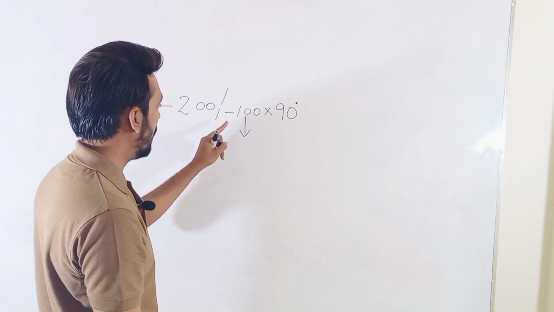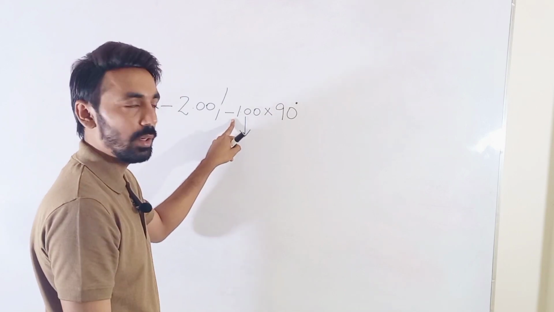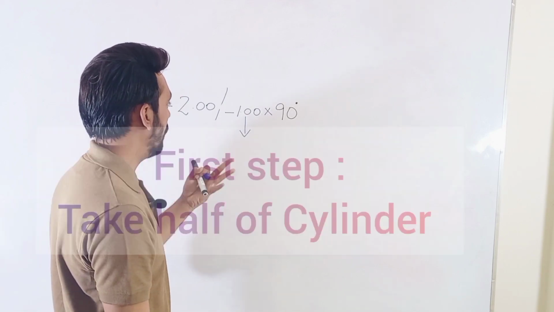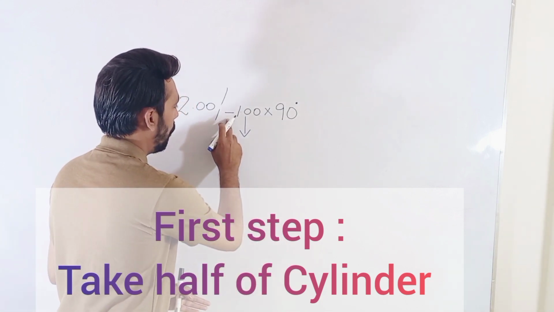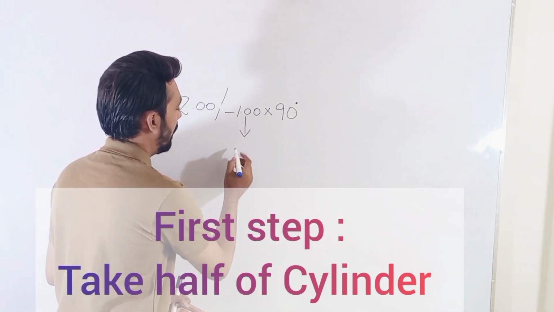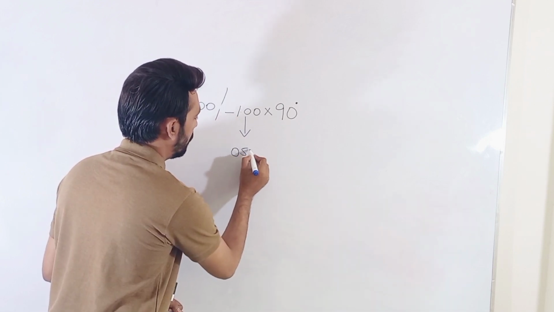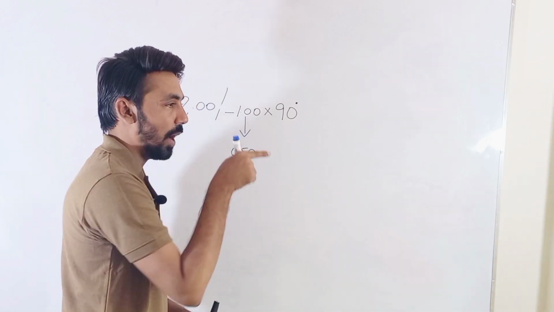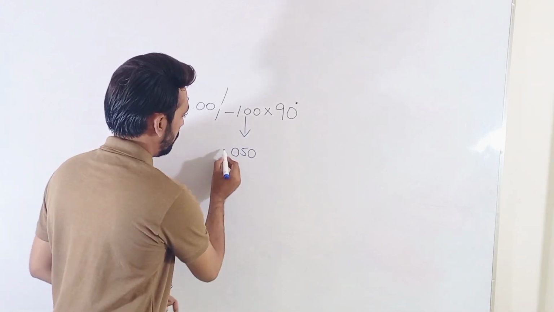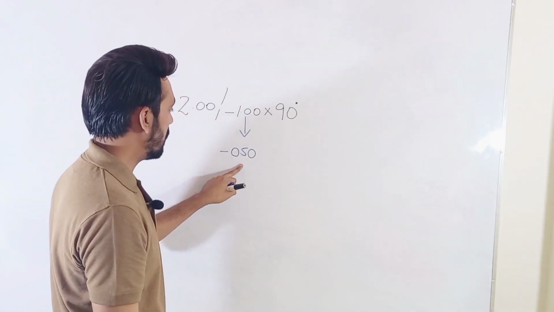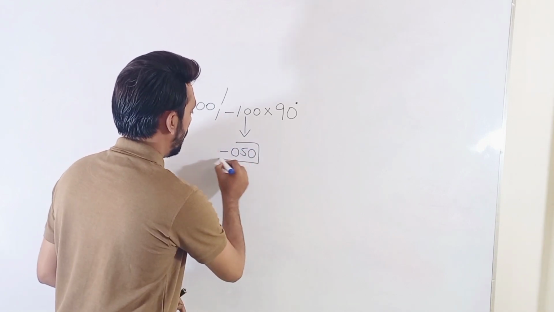Our cylinder is -1.00, and we will take half of the cylinder. Half of this -1 cylinder is 0.5 with the same sign. You have to remember that the sign would be the same. So this is half of our cylinder.